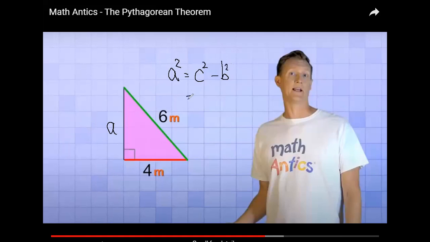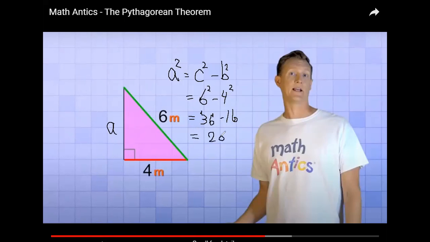Now we will calculate 6 squared minus 4 squared. It will be 36 minus 16. 36 minus 16 will be equal to 20.